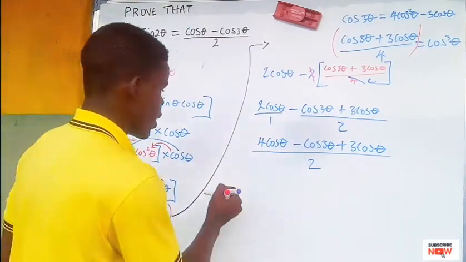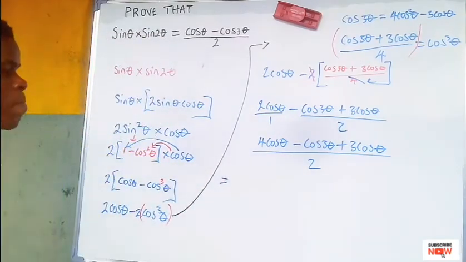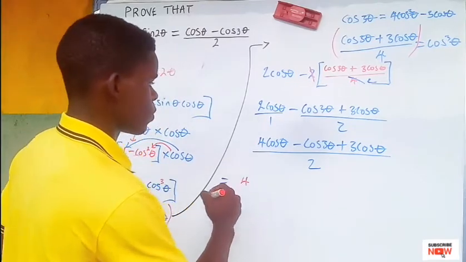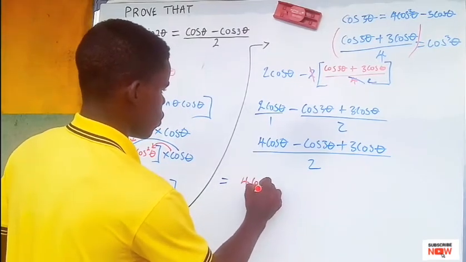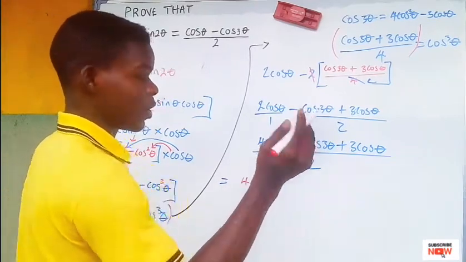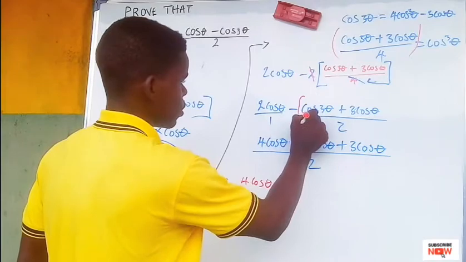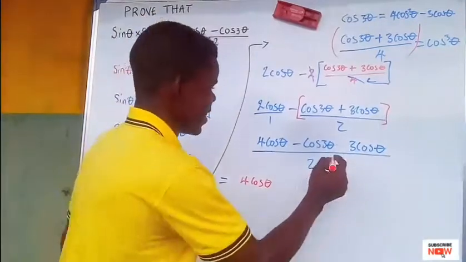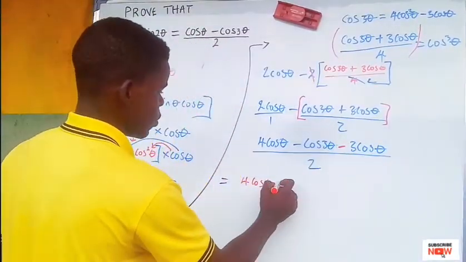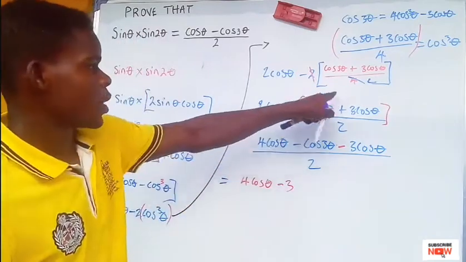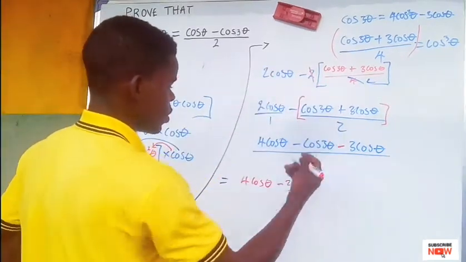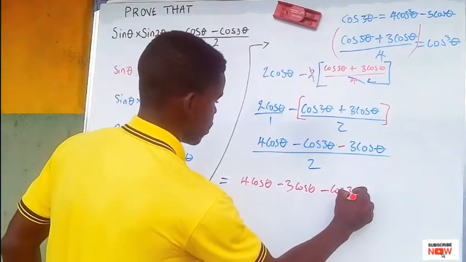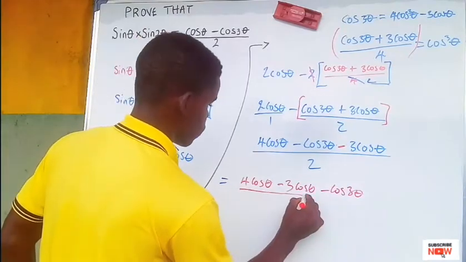From here, collecting like terms, we have 4 cosine theta. Sorry, this was actually a bracket, so you have a negative there. Minus 3 in brackets will become negative and positive, so minus 3 cosine theta, minus cosine 3 theta, divided by 2.